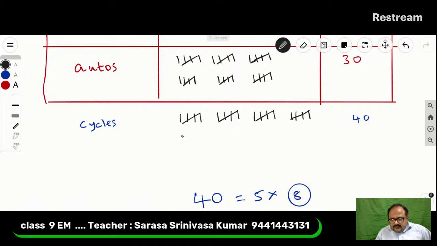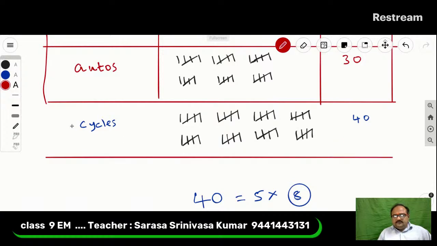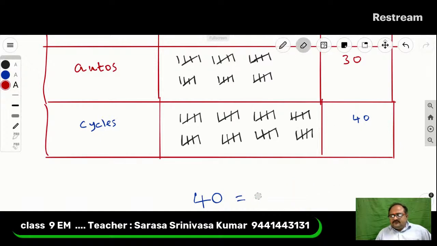Now I write the remaining 20. So now we have completed the table. This is how we answered the given question.